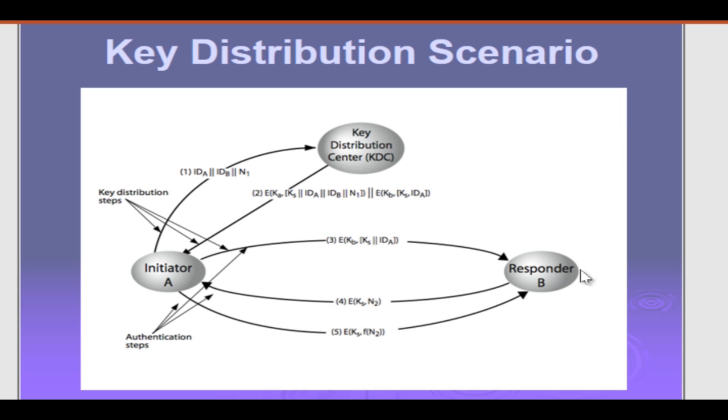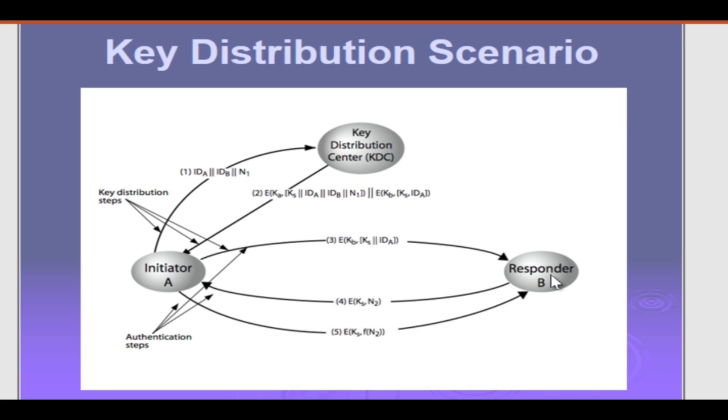If B is communicating with C, B uses a different session key with C. So by looking at the identity of A, B learns that the session key is for the pair with A.